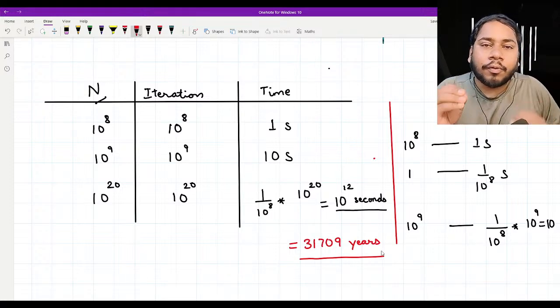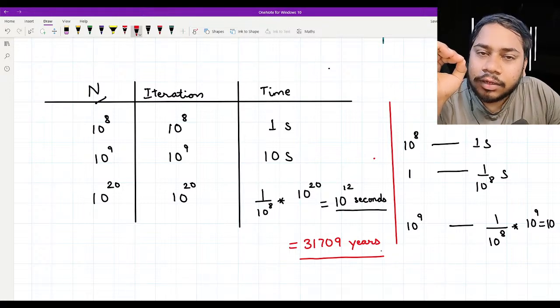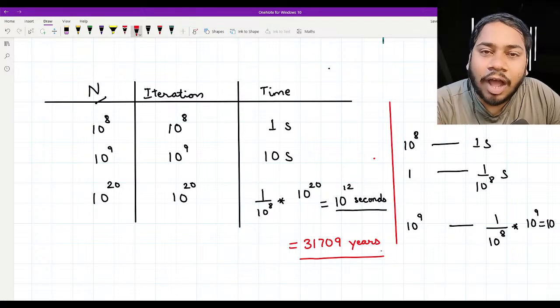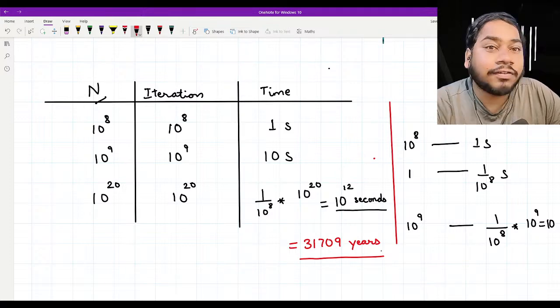If you iterate a loop 10 to the power 20 times, it will take 31,000 years. That means you have to take birth 31,000 times to see the output. And if there is any power cut, it has to start again.